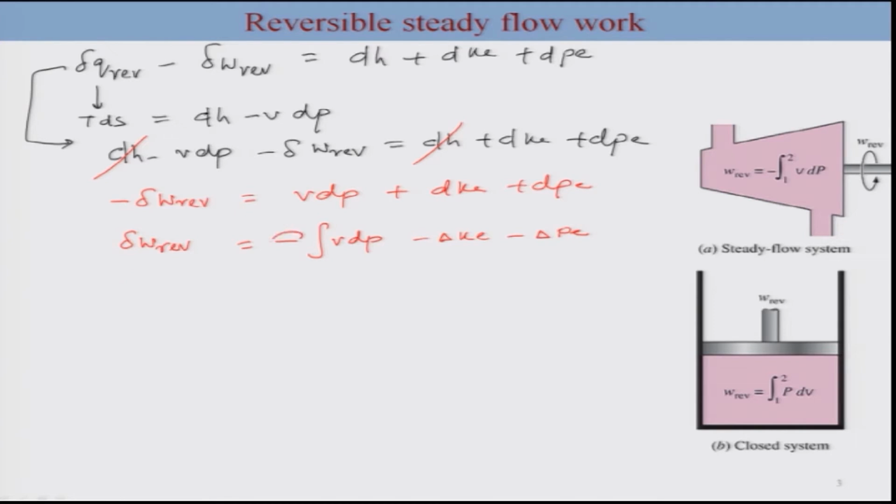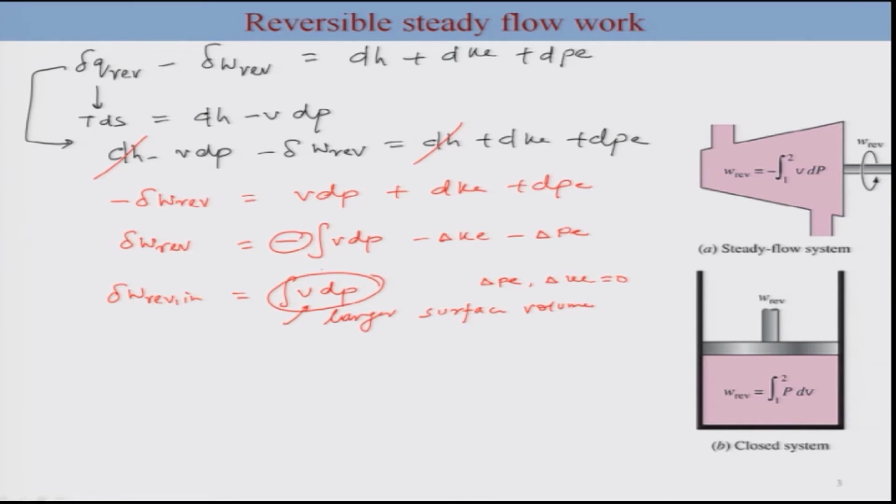So if you consider this negative, as this work has to be done on the system, then this can be written as W reversible in, that is input work. This can be written as simply VdP, considering your delta P and delta K to be 0. So it's very clear that if you have a larger specific volume, you will have this term, that is the work consumed, going to be greater.